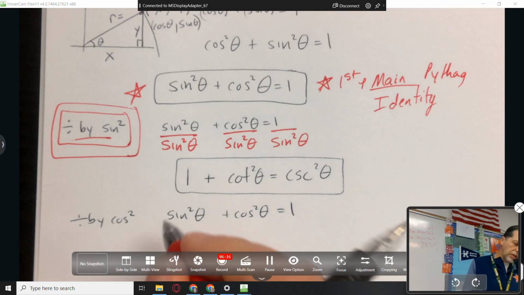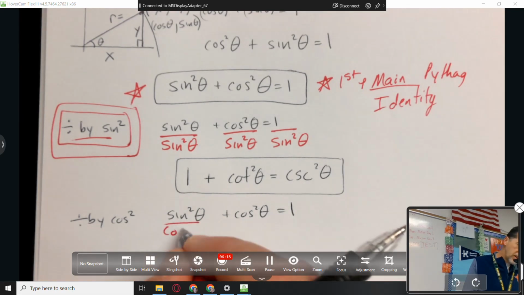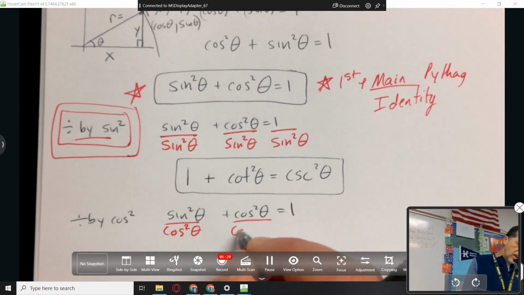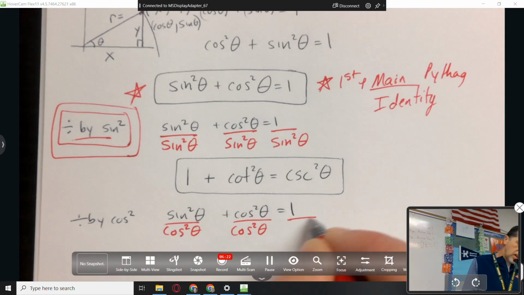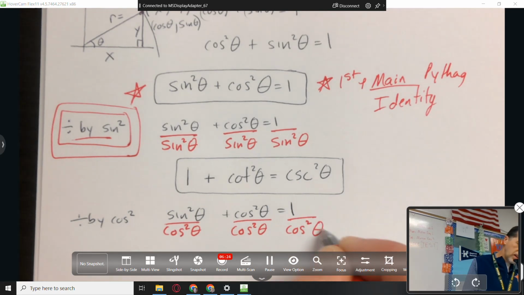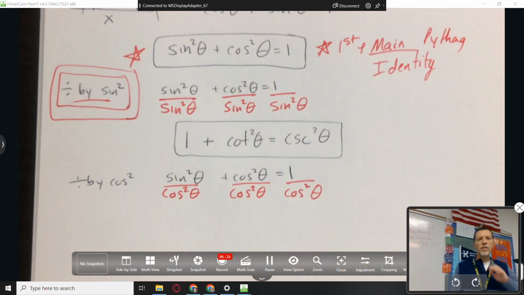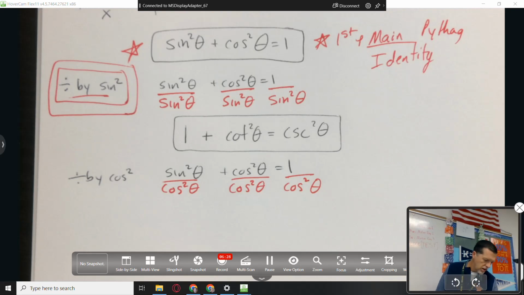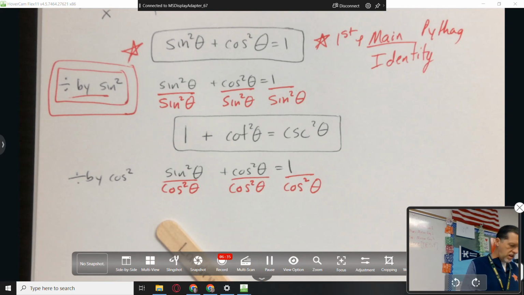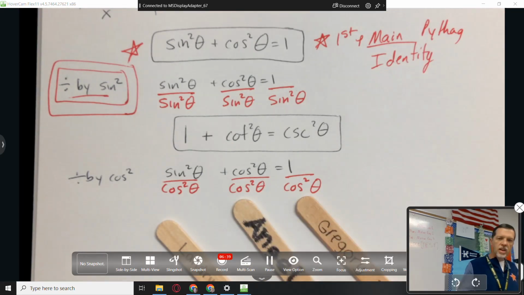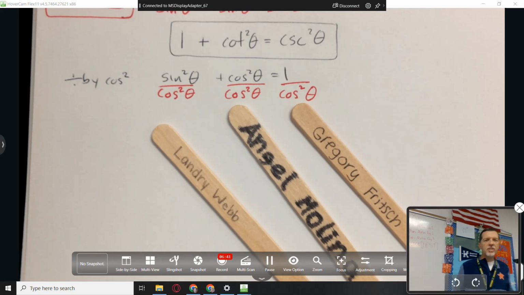So start with the original. Divide everybody by cosine squared. And I can pick on some people. Landry, what's sine over cosine?